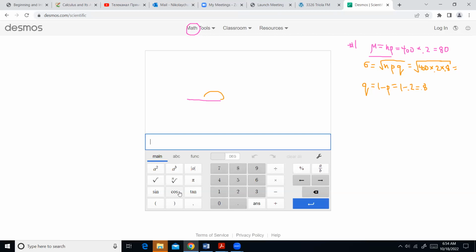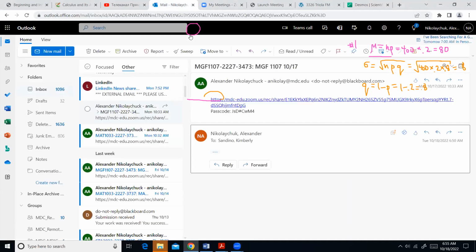So you can plug in 400 times 0.2 times 0.8. So we produce the standard deviation, which is 8. We used mean and standard deviations in order to better describe our samples.